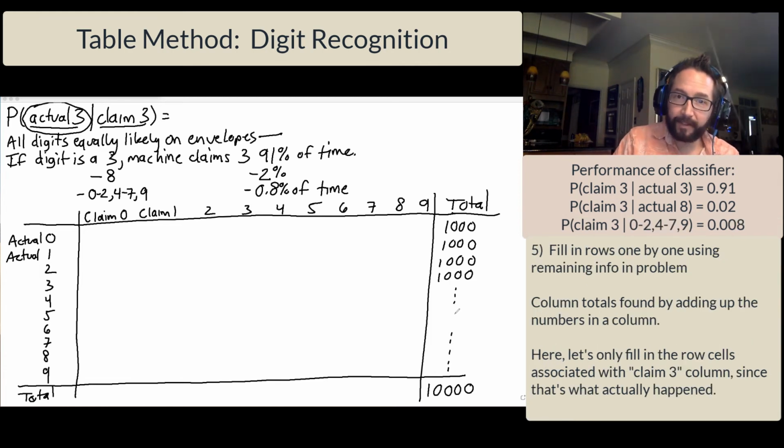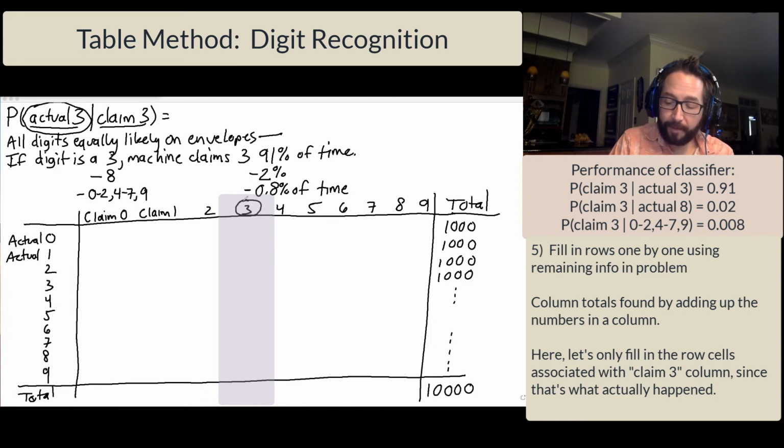Okay, well, let's fill in the column for what actually happened here. Let's fill in the column for the machine claimed that it was a 3. So of those 1,000 times that in actuality the digit was a 0, how many of those times will the machine claim that it's a 3?